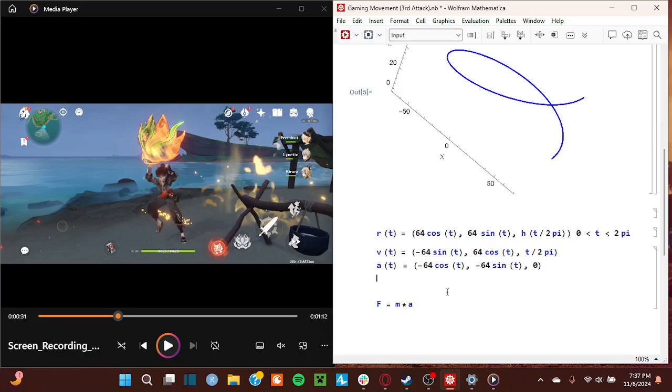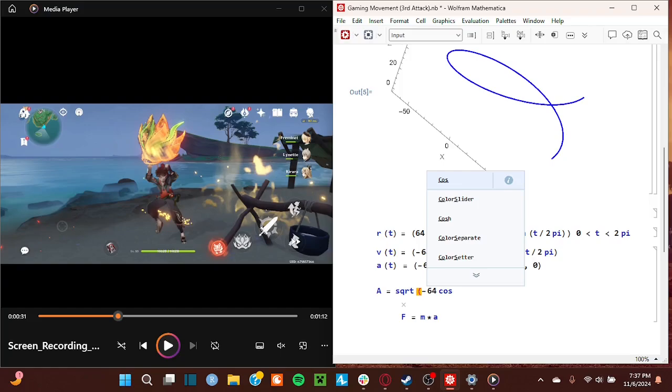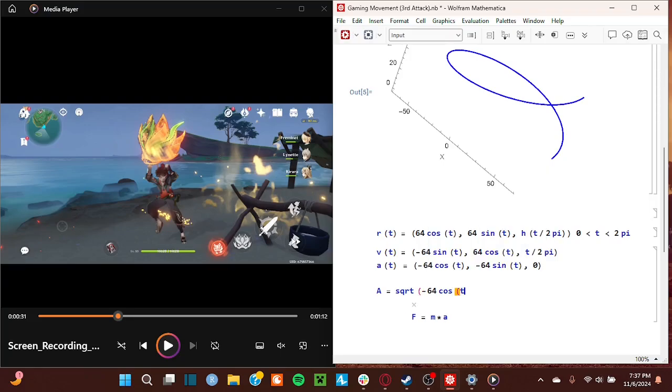Let me just say acceleration equals the square root of negative 64 cosine of t, and then hold on, let me add another parenthesis here, because this is squared.